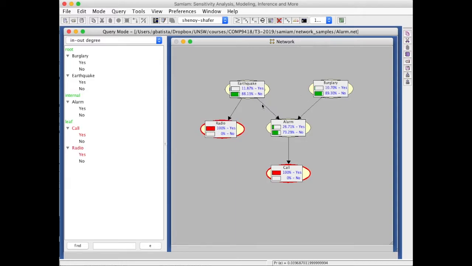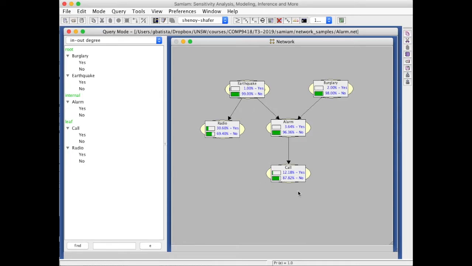It decreases because radio yes makes earthquake more likely, that is the probable cause for the alarm being triggered, that is the probable cause for receiving a call from our neighbor. So it's interesting to play with the Bayesian network and see how it responds to different inputs.